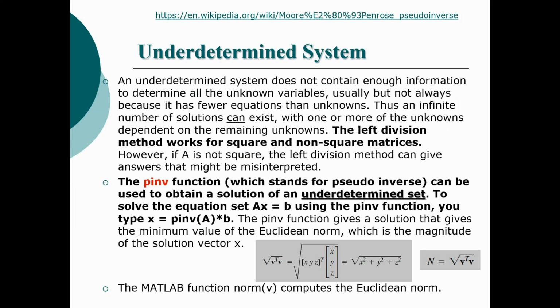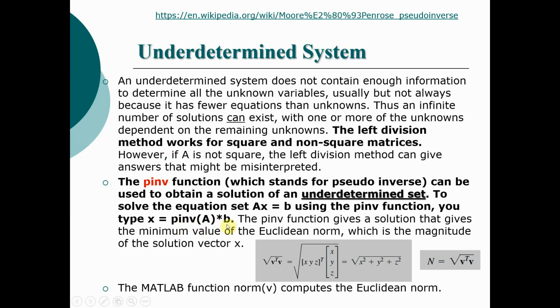But if you want to compare vectors, we need a method to do that. So a norm is something that does it, and there are many different formats for norm. One of them is the Euclidean norm, where you raise all the elements to power 2, add them up, and take the square root. That's called the Euclidean norm, and using the MATLAB norm function, you can calculate that.